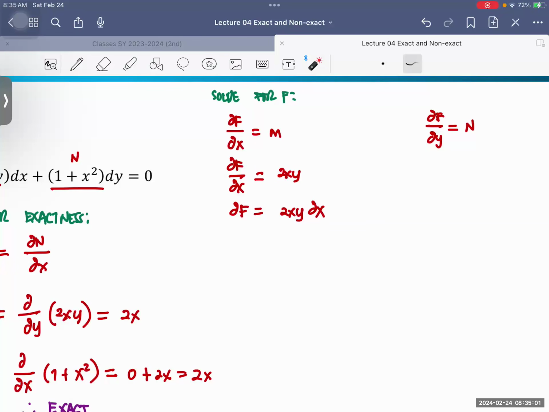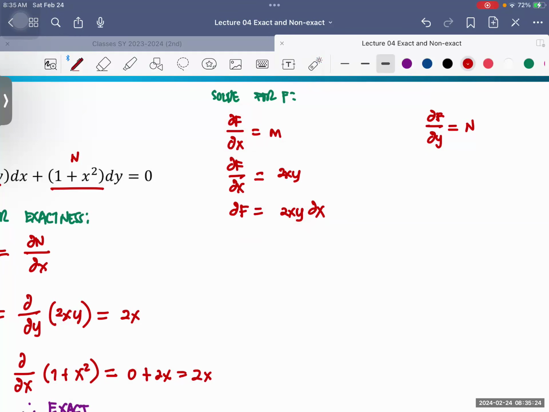Okay? So, let me emphasize, this is a partial derivative of f with respect to x. So, whatever other variables exist in your m, class, we will consider that as a constant. Okay? So, it is not that we need to separate it or put the y somewhere else, no. Okay? Because y here is a constant, so it doesn't matter.